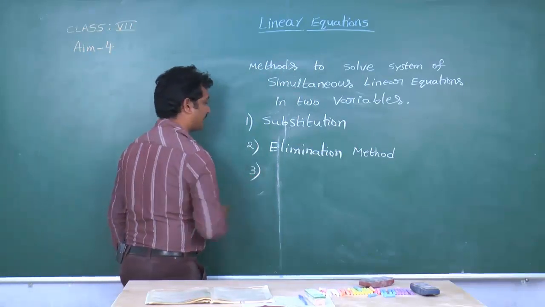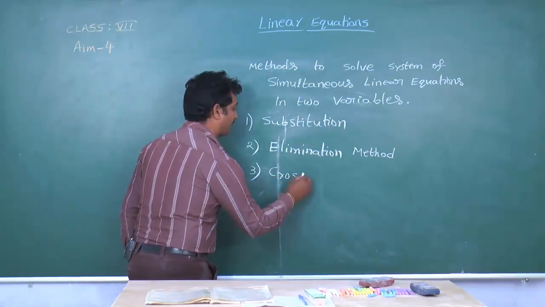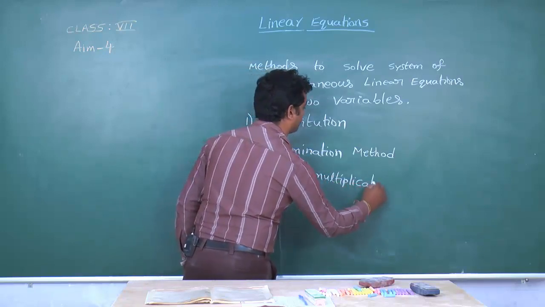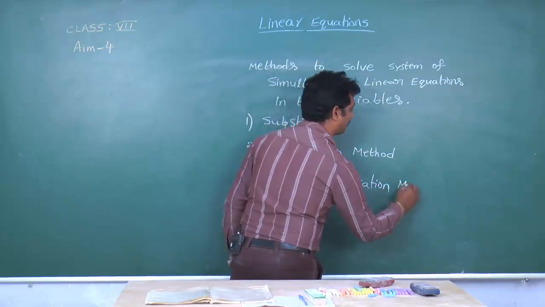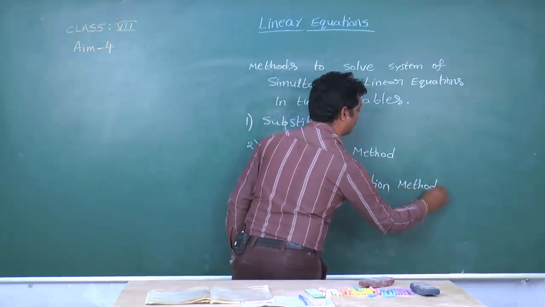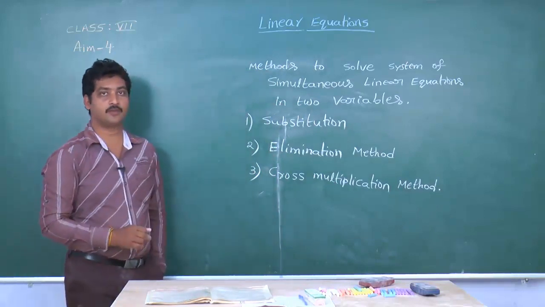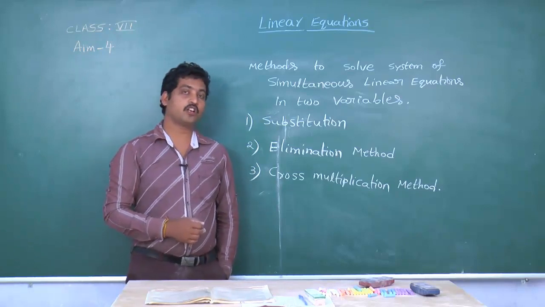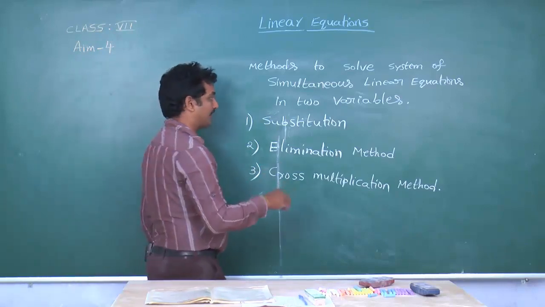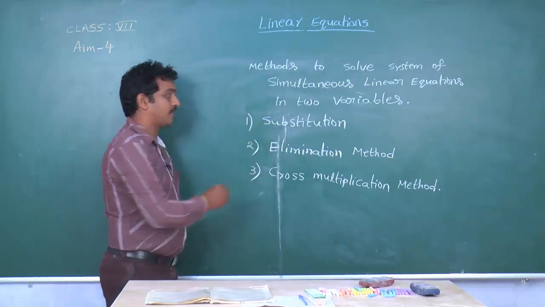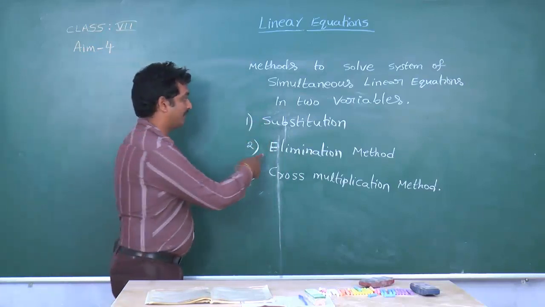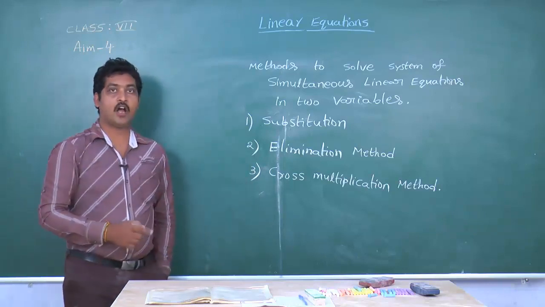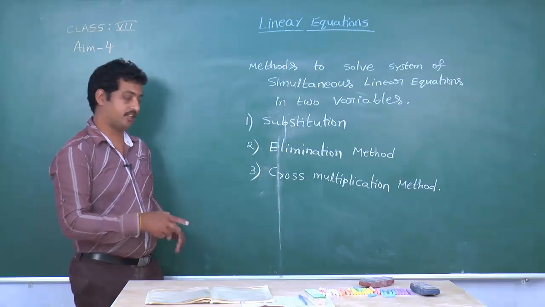The third one is the cross multiplication method. Now, we are going to know the process of the substitution method and the elimination method. In the next class, we are going to see how to do the cross multiplication method.